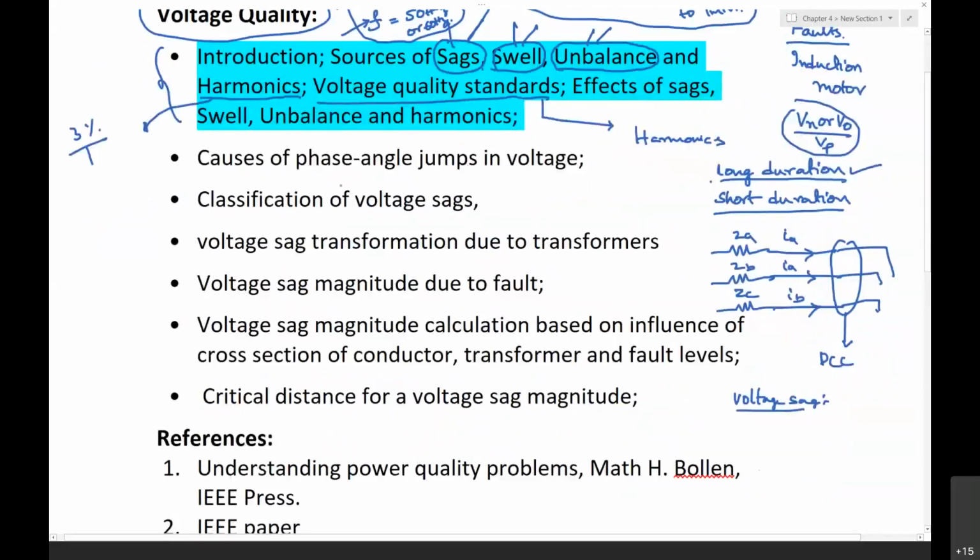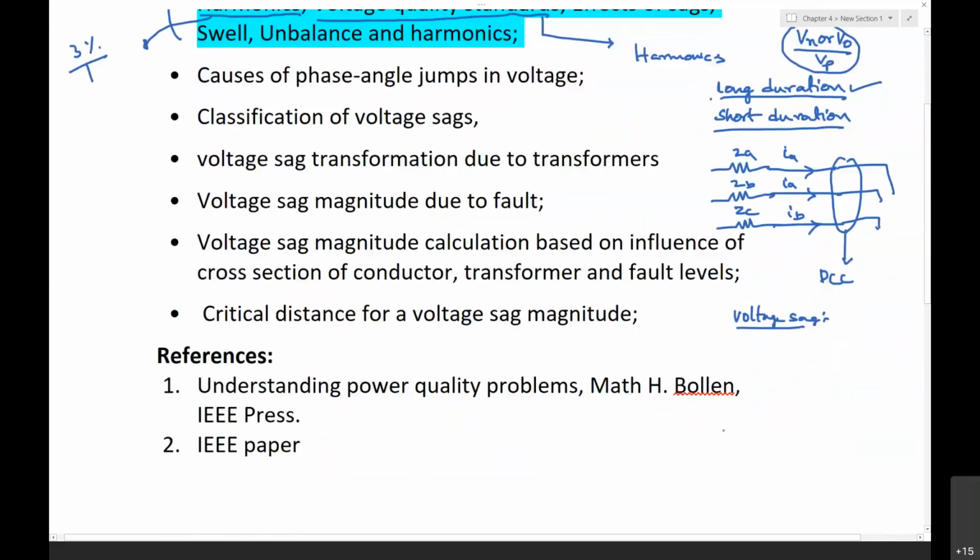For this unit, you can refer to this textbook, Understanding Power Quality Problems by Math Bollen. The publication is by IEEE Press. I don't think soft copies will be available for this textbook.